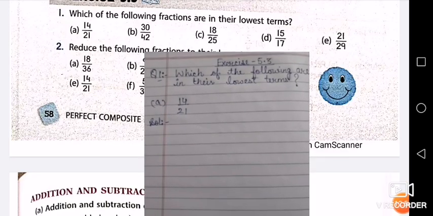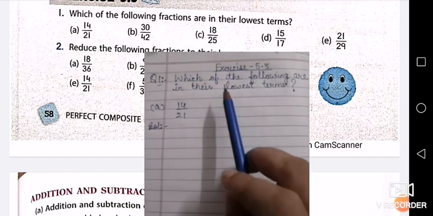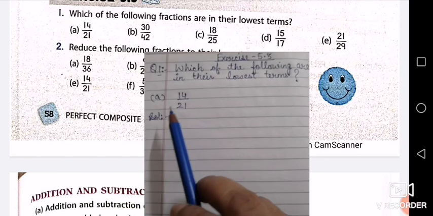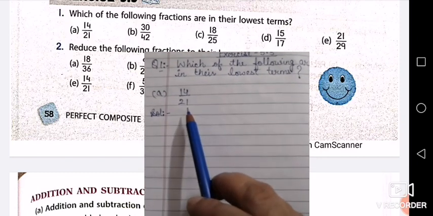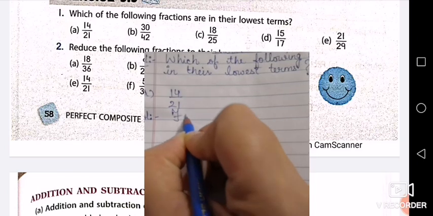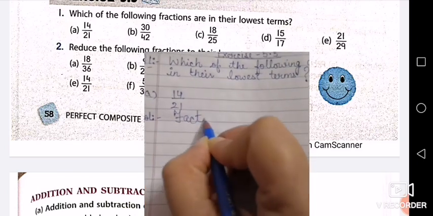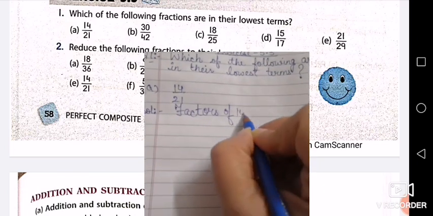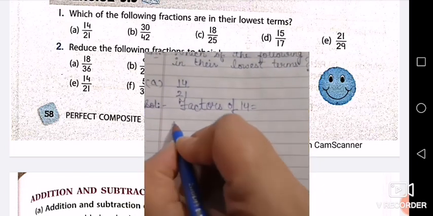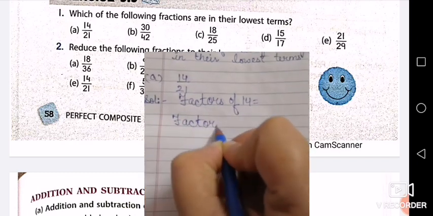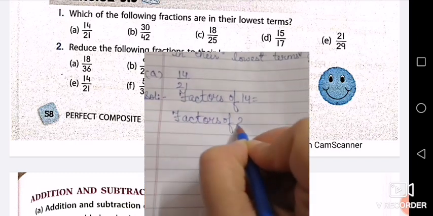So here question number 1 is, which of the following are in their lowest terms? Now A part is 14 by 21. So what do we have to write first? Yes, you have to write factors of 14. Then you will write factors of 21.